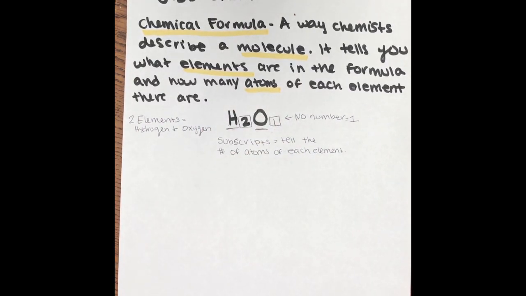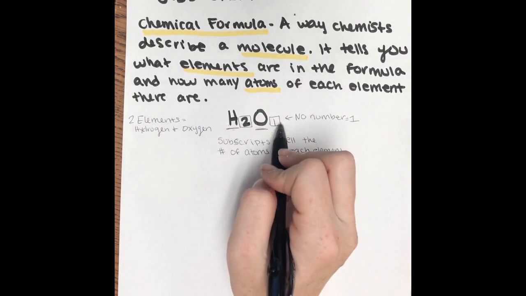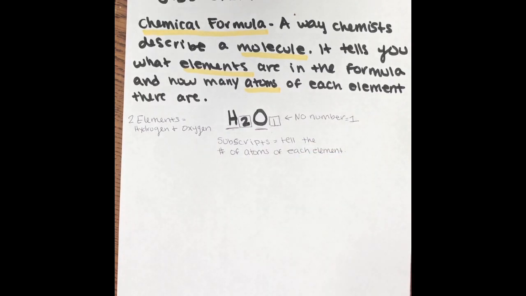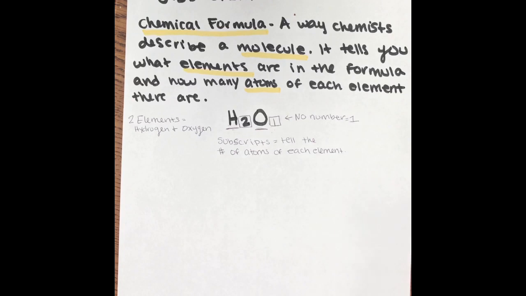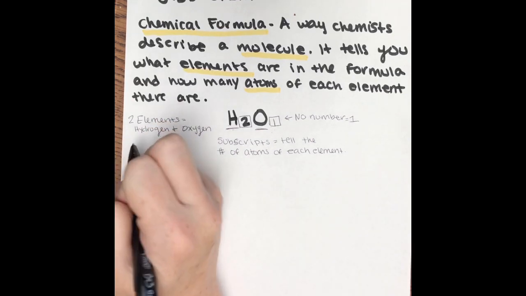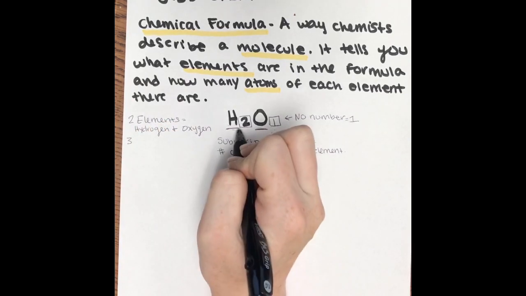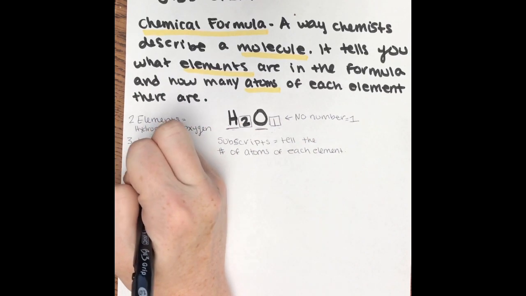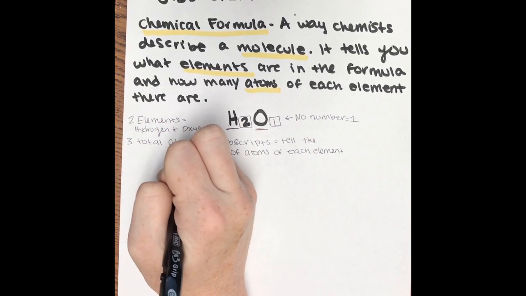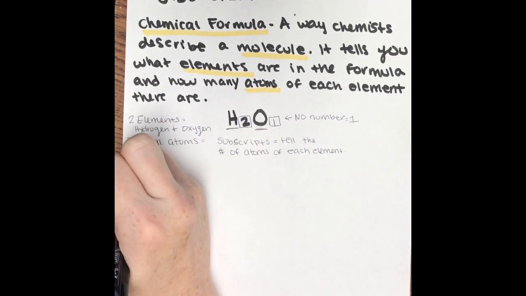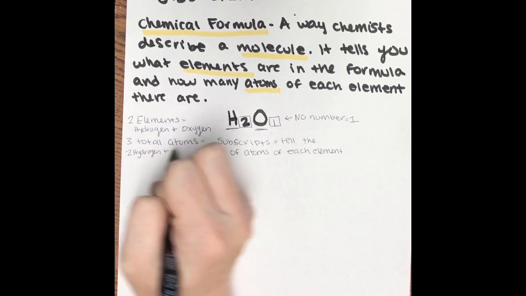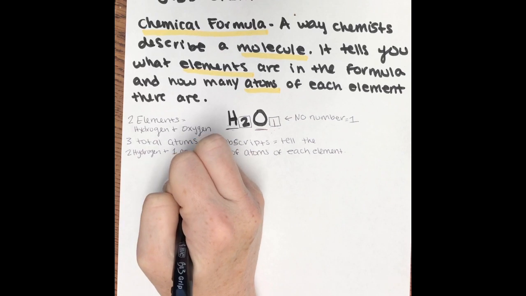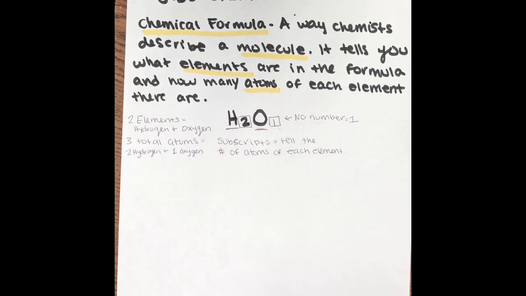Next, I want you to look at the numbers you boxed. To find the total number of atoms in each of our formulas, all you have to do is add those numbers up. So we have 3 total atoms because we have 2 hydrogen plus 1 oxygen for a total of 3.